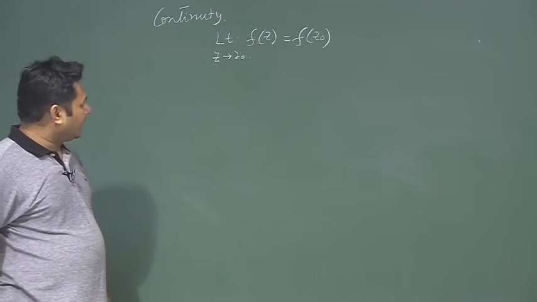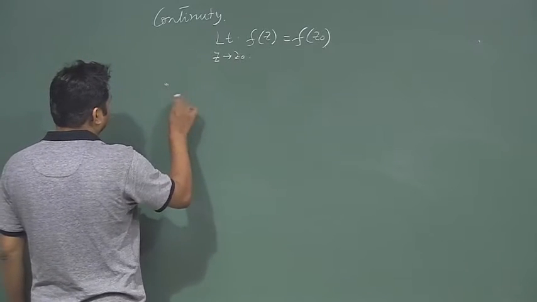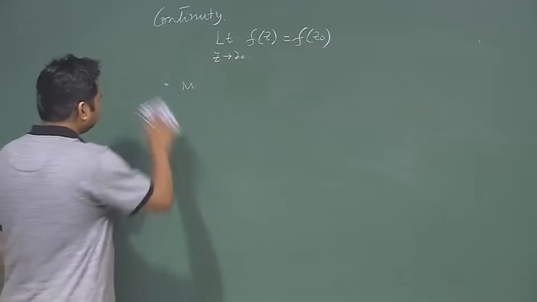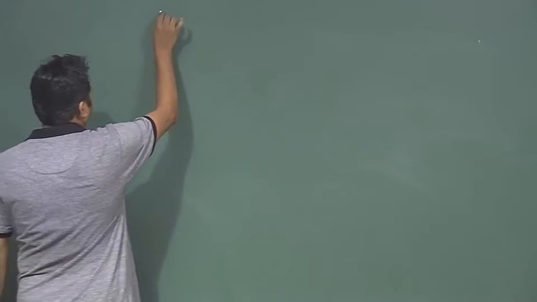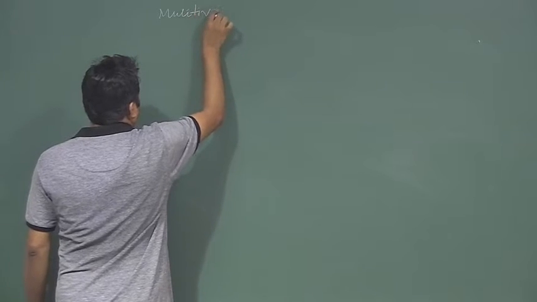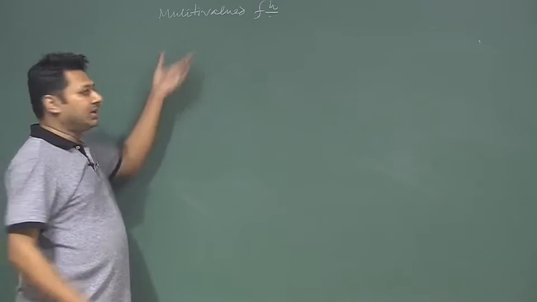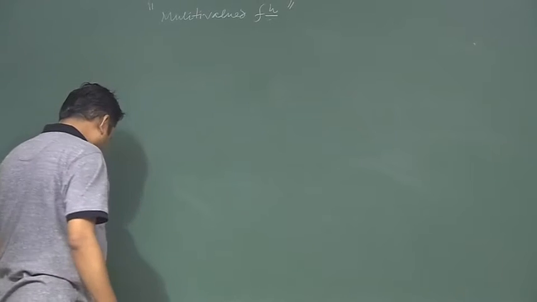Here I should mention one important thing, and that is, what about the multivalued function? This is not a very new thing, because we have already discussed it in our early classes.